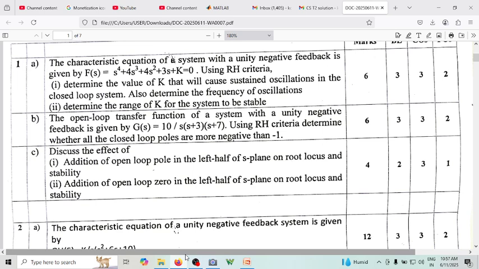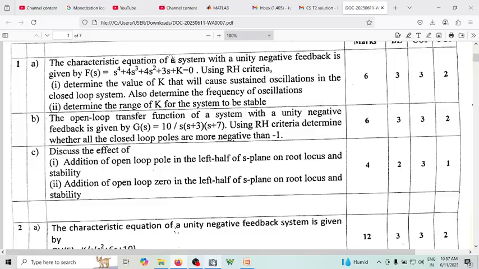We are asked to determine the value of k such that you'll get a sustained oscillation, that is a marginally stable value. And for that value of k, what is the frequency of oscillation, and what is the range of k for a stable system beyond 0?